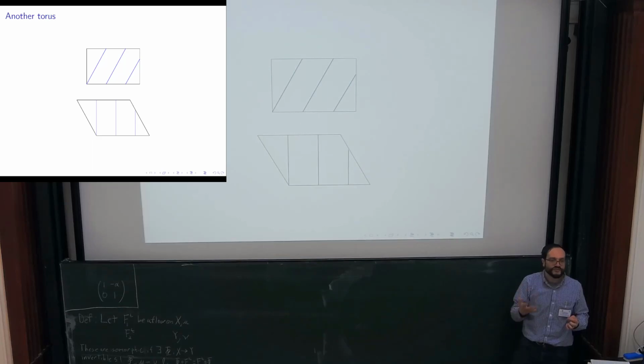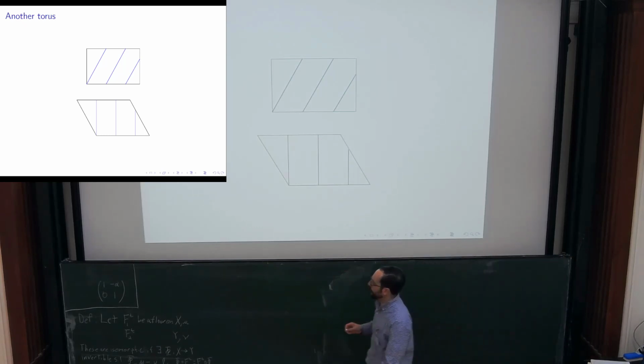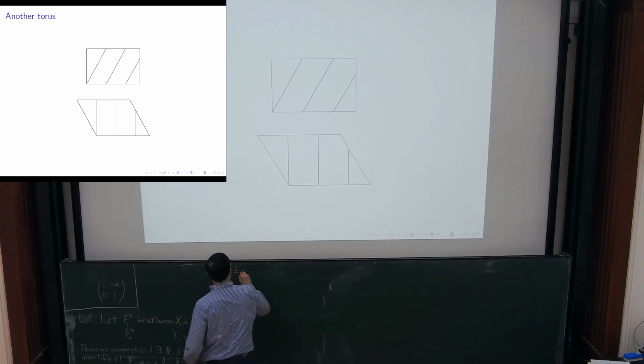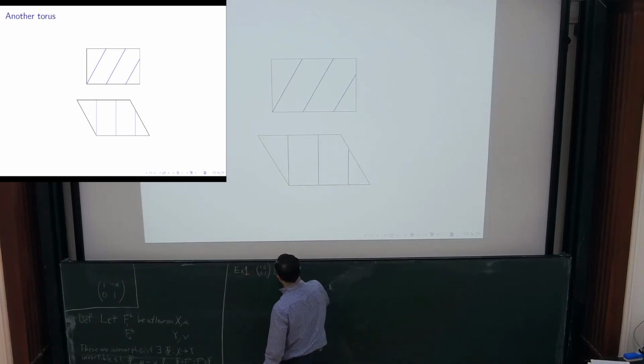So maybe as a good idea, it's often helpful to have simple exercises to get a sense of whether you're understanding what's going on, or at least I find that helpful. So I'll now state two simple exercises. Exercise 1: the map (1, s; 0, 1) is an isomorphism of horizontal flows.